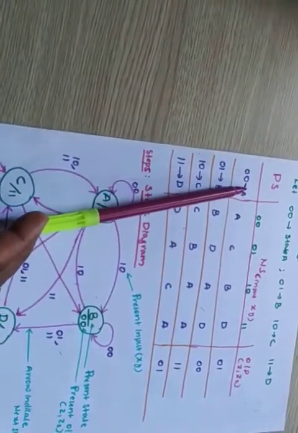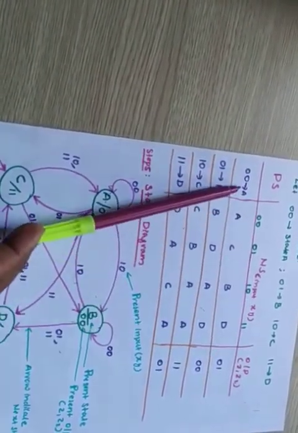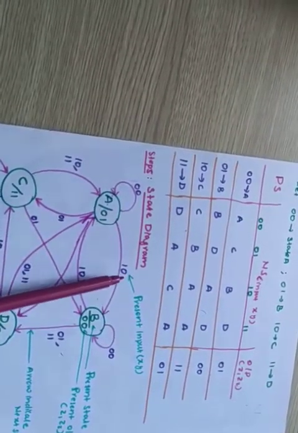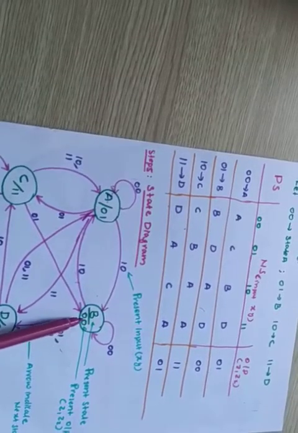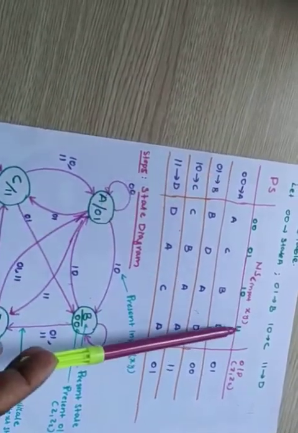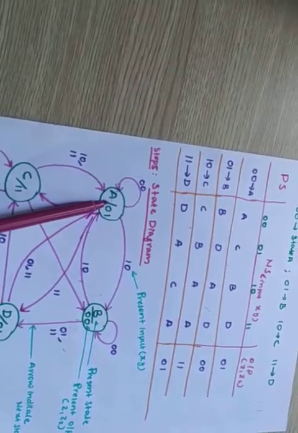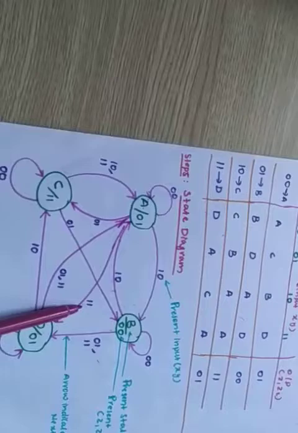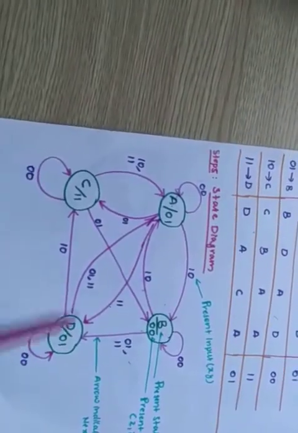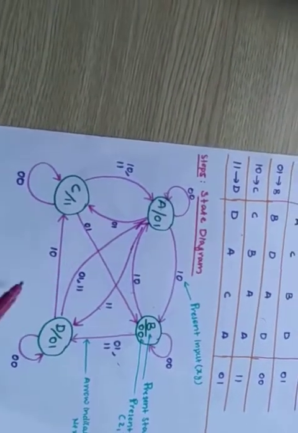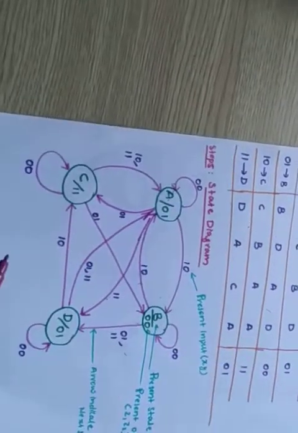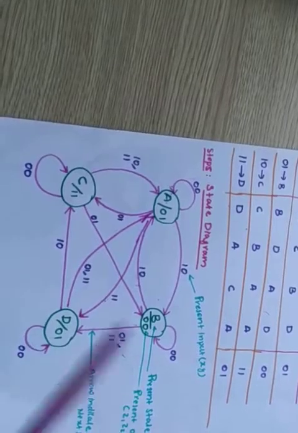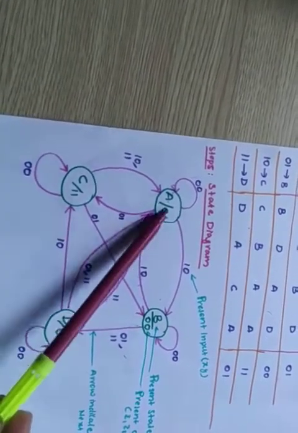A is the present state, 10 input, next state is B. A is the present state, 11 input, next state is D. Like that you have to completely map the state table to this state diagram. So state A is completed.